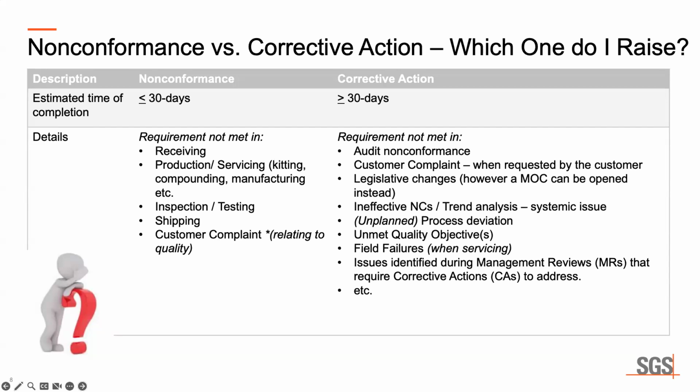This is what we observe within industry and within the companies we audit. The estimated time of completion is generally around 30 days for nonconformances. If nonconformances are no more than 30 days, then this is where corrective actions kick in, and corrective actions could be 30 days or plus.